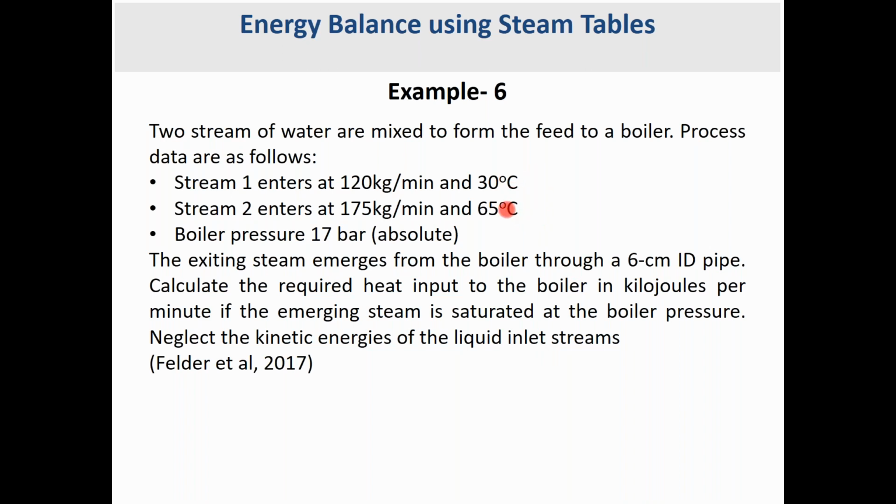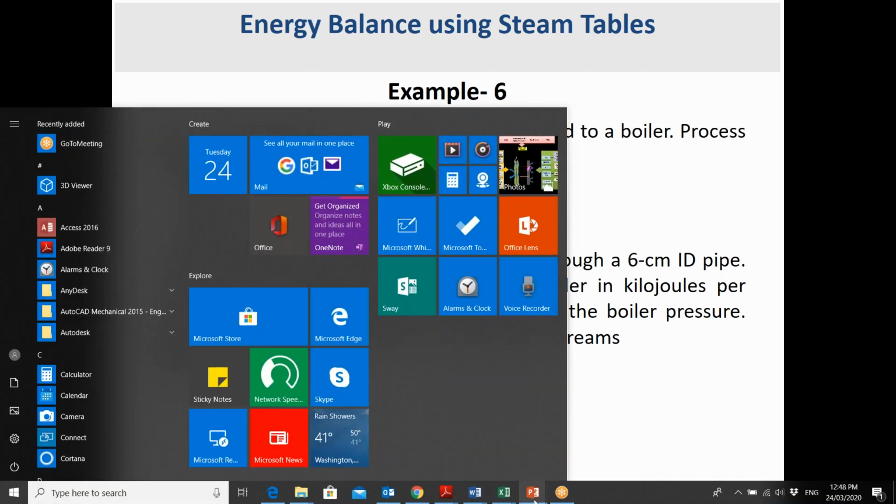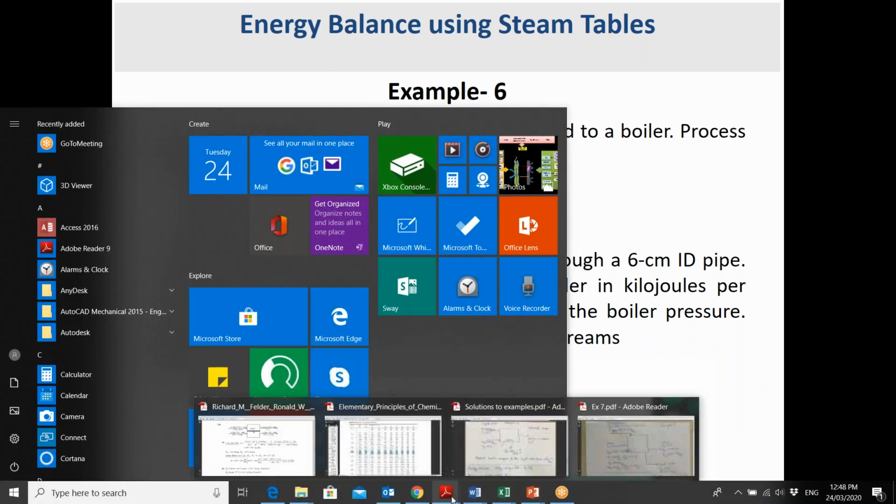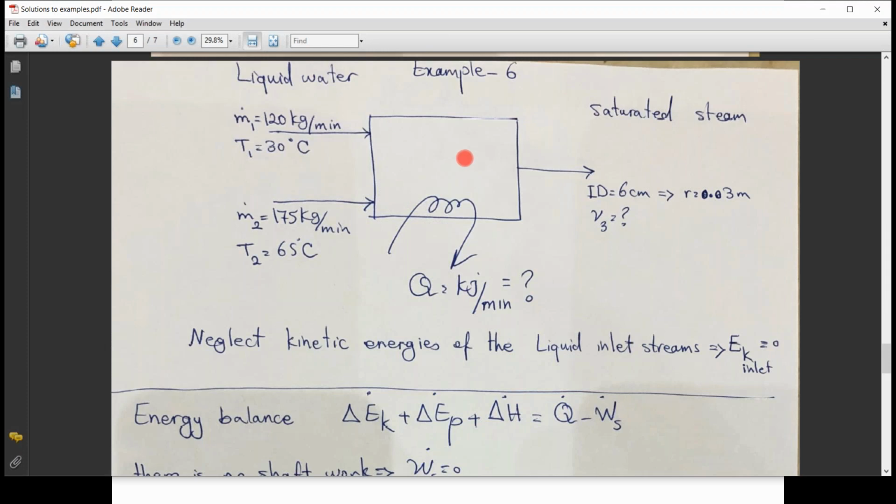So the first thing we have to start, as usual, is the flow diagram of the process. So here, that is a boiler with 2 inlet streams with 2 different flow rates and 2 different temperatures, which enter the boiler and leave the boiler as saturated steam.